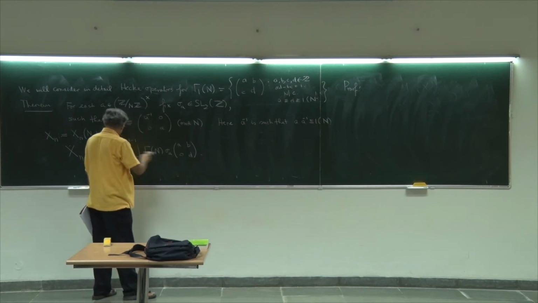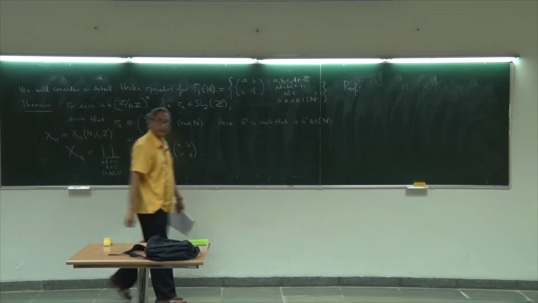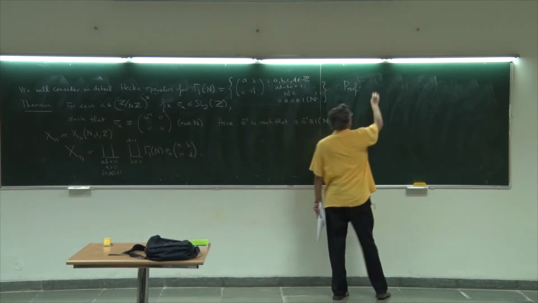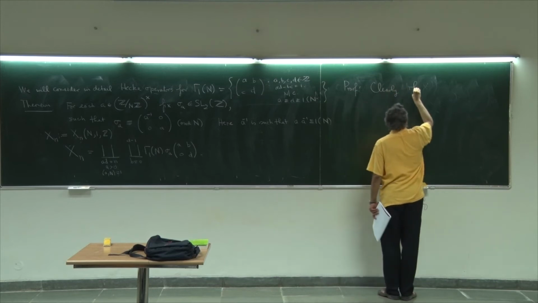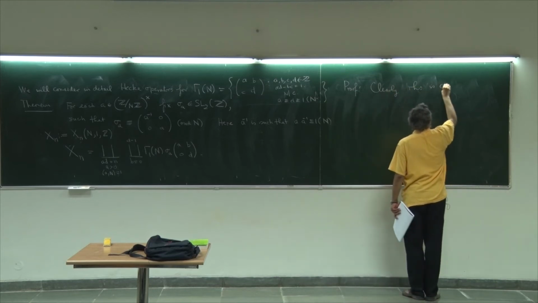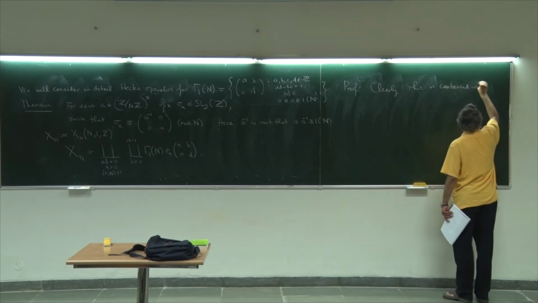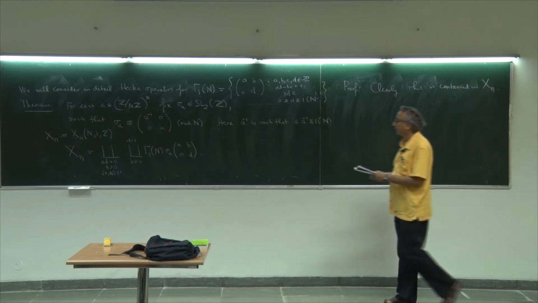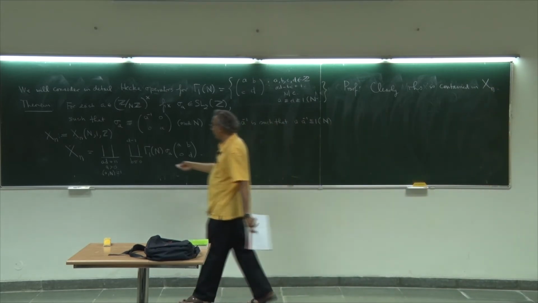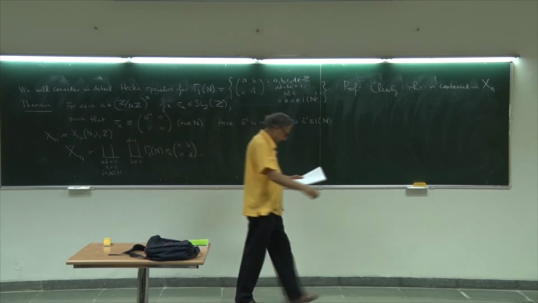So all these elements are contained in Xn, and it's pretty clear. So clearly the right-hand side is contained in Xn. You have to check a few conditions that I spelled out for these two things, but I'll leave that to you to do.